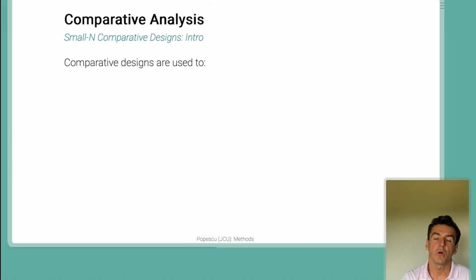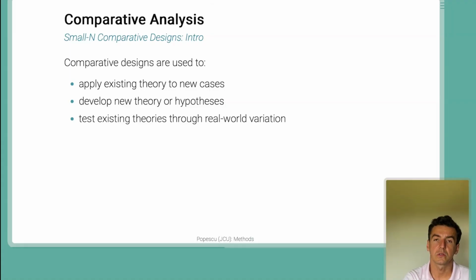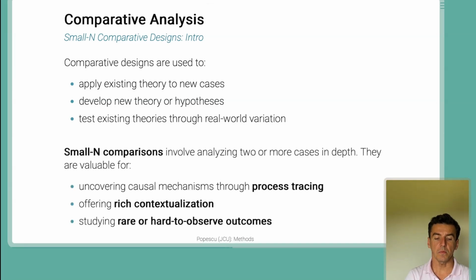You could also have small n comparative designs, right? So these are typically used in order to apply existing theories to new cases, to maybe develop new theories and hypotheses, or maybe to test existing theories by seeing some real world variation. Small n comparisons typically entail analyzing two or more cases in depth.